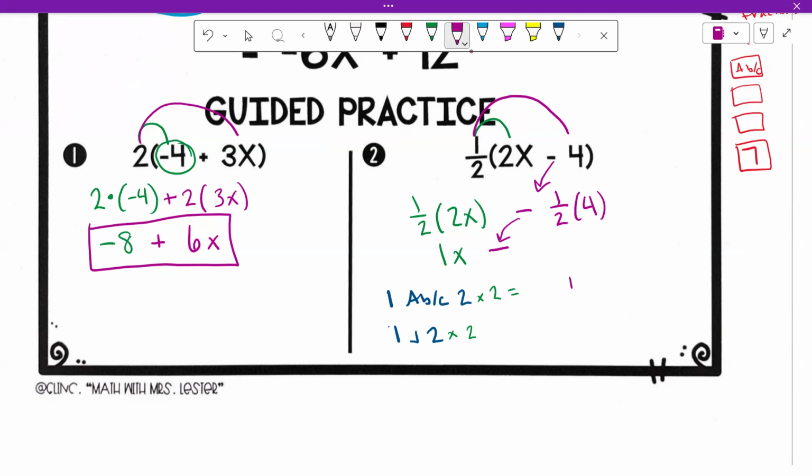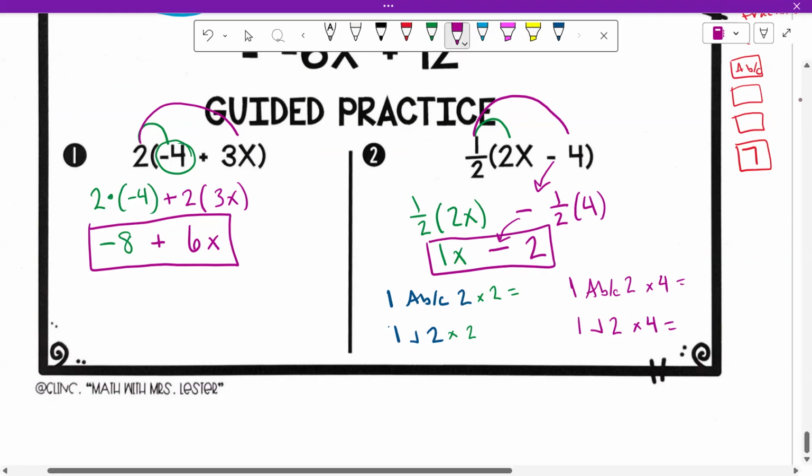So 1 AB/C half times 4 would look like on my calculator screen 1 backwards L 2 times 4 and equals, the calculator is going to say that's equal to 2. Done.